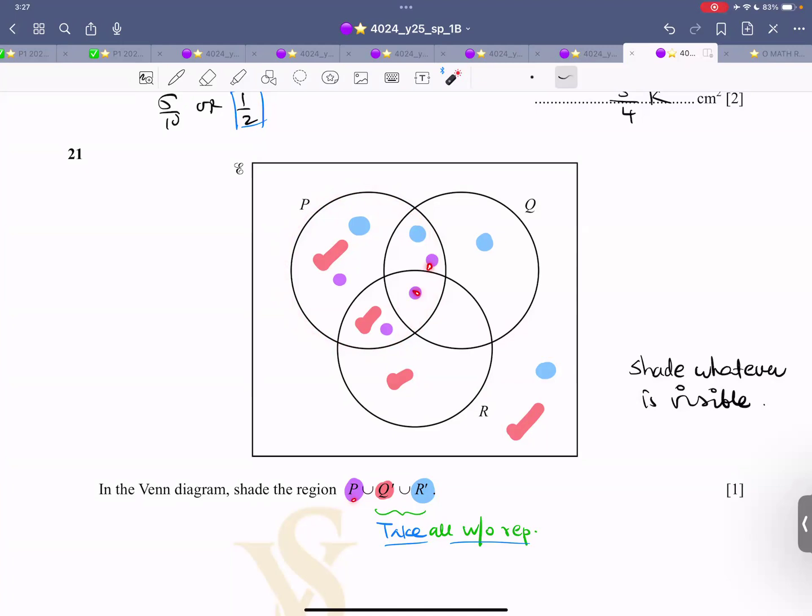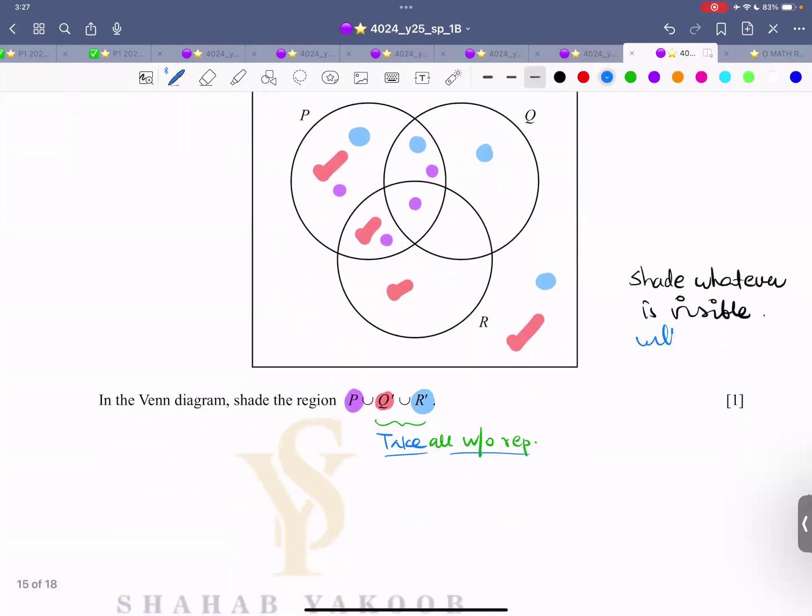So P is the purple one, 1, 2, 3, and 4. So now this region, this region, this region, everything is shaded except for this. Shade whatever is visible, in the sense with marks. That means there should be the blue mark, the red mark, and the purple mark. So you have to shade everything that's visible.